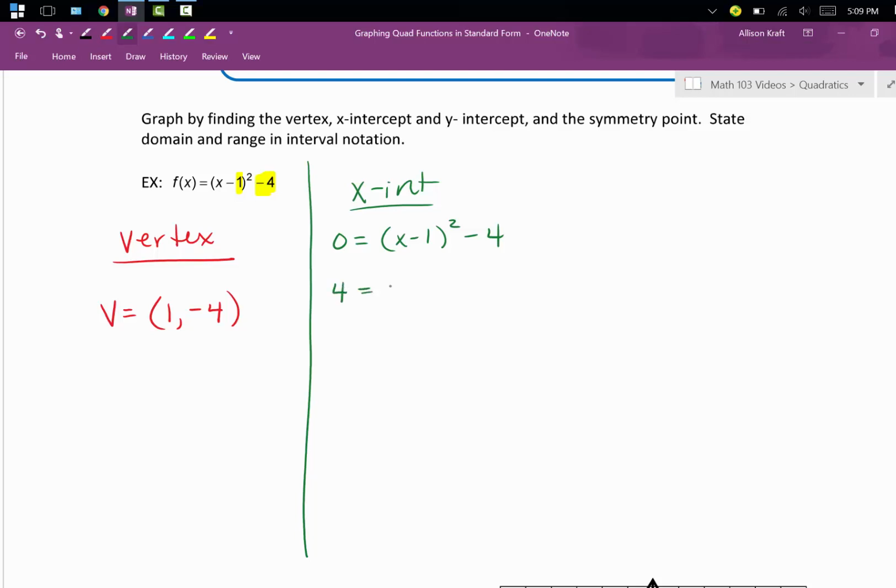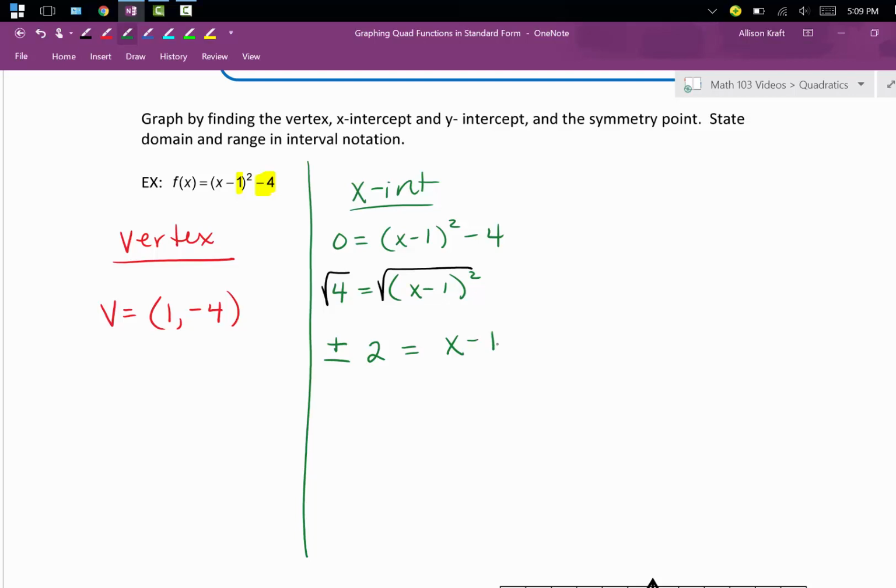Adding our 4 over, we get 4 equals (x minus 1) squared. Now we take the square root of both sides. Remember, when using the square root property, a plus or minus appears. So we're going to get plus or minus the square root of 4, which is 2. And then on the right, our square and square root cancel out, leaving us with x minus 1.